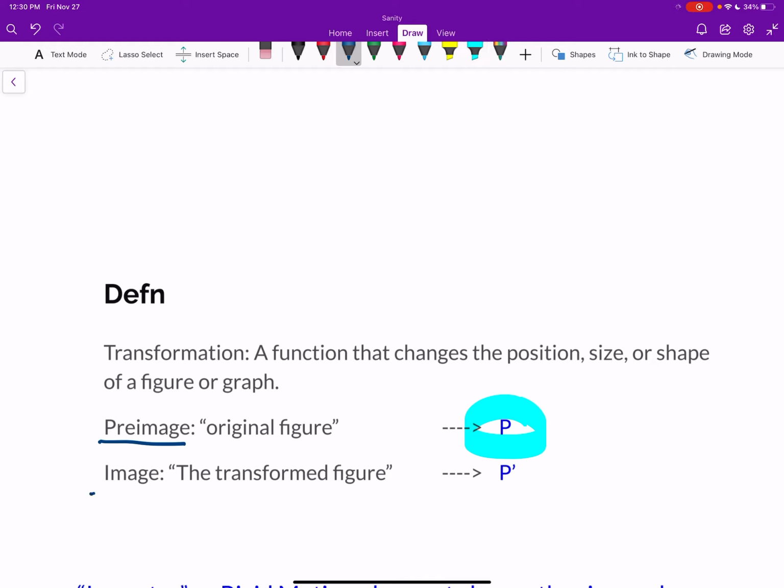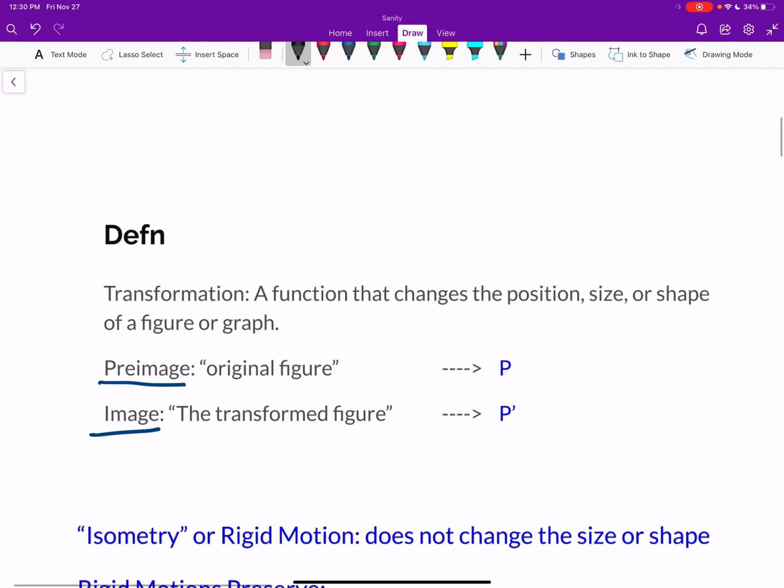After transforming it and getting the image, point P is now called P prime. So as soon as you add that little quotation mark at the top, that's now called P prime, which represents the image or the transformed figure.